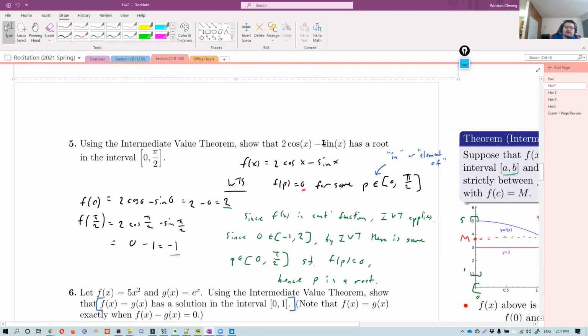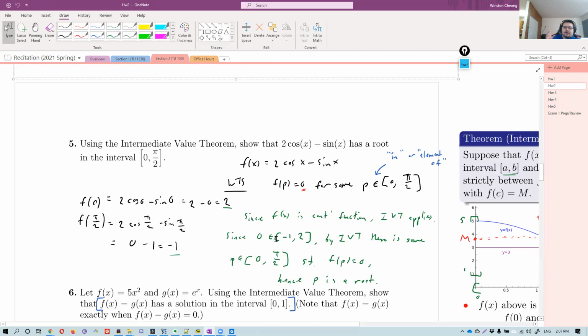That means we need the evaluation at these endpoints to have one number be positive and one negative. Once we have that, 0 is forced to be inside that interval. All that's required is a calculation here. I plug in 0 and get a positive number. I plug in pi over 2 and I get a negative. So 0 must lie between.